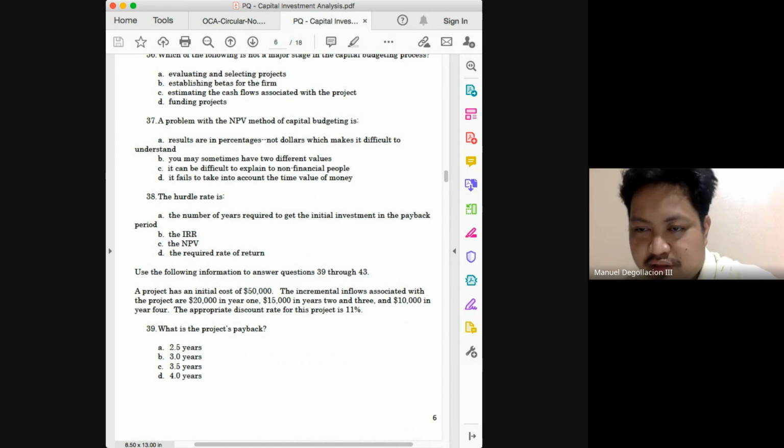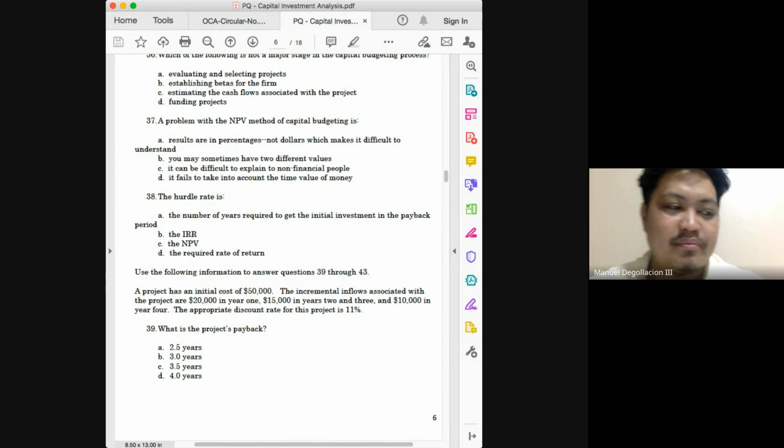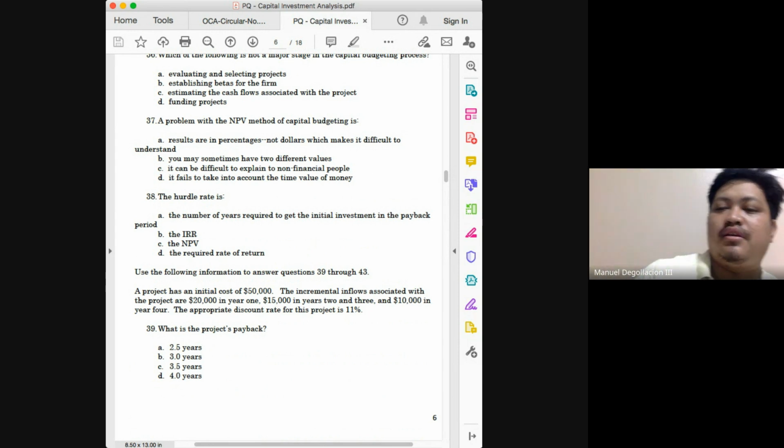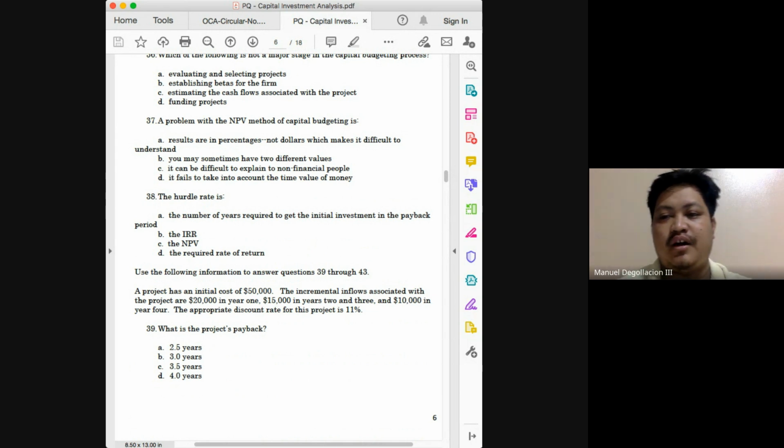There are multiple interest rates that would make the present value of the inflows equal to the present value of outflows. Letter A, of course, is wrong because the net present values are not in percentages, they are in terms of monetary amounts. And the amounts here represent the amount of value that will be added to the company.